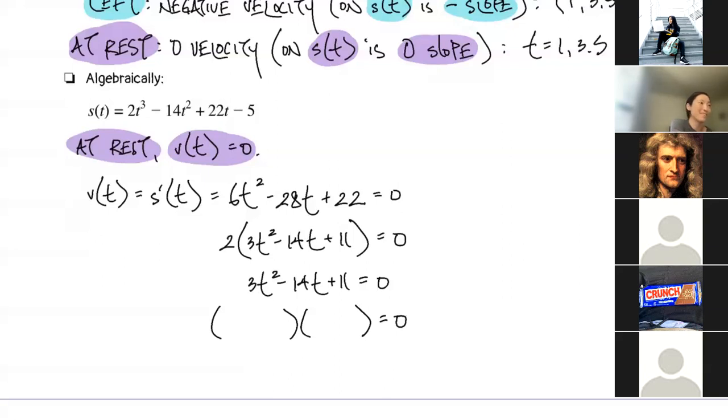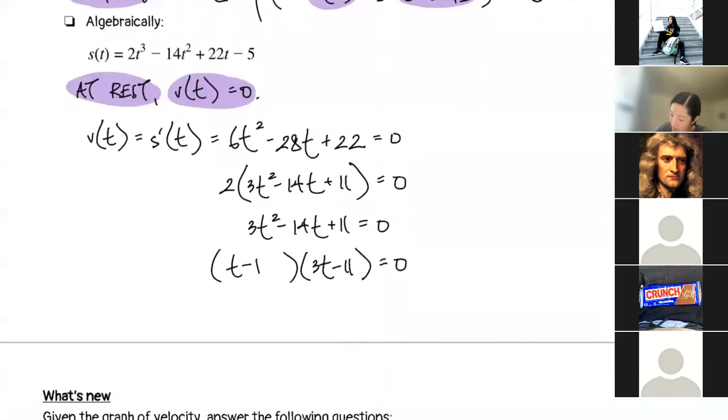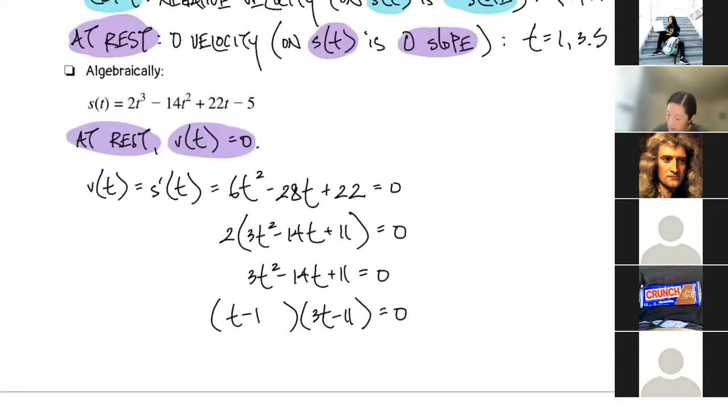All right, there we go. Excellent. So we've got t minus 1 and 3t minus 11. Excellent. All right. Now let's go ahead and finish this off. We can say that t minus 1 equals 0 and that 3t minus 11 equals 0.